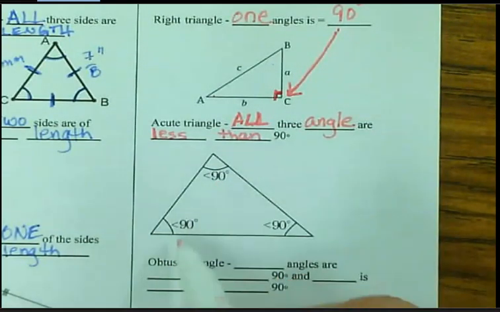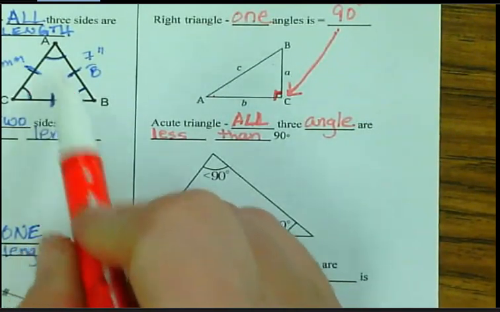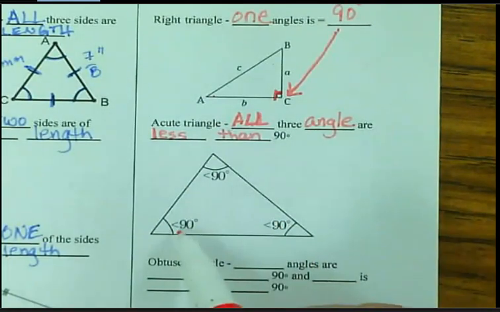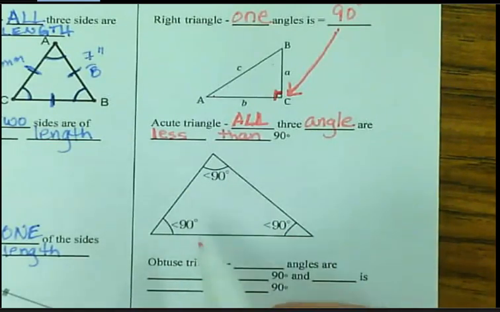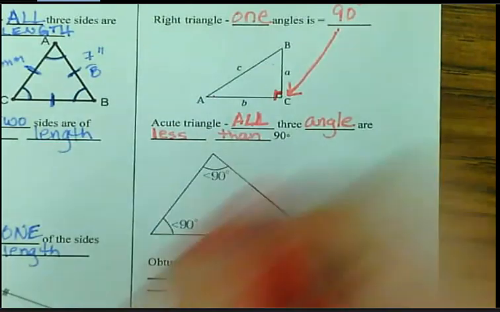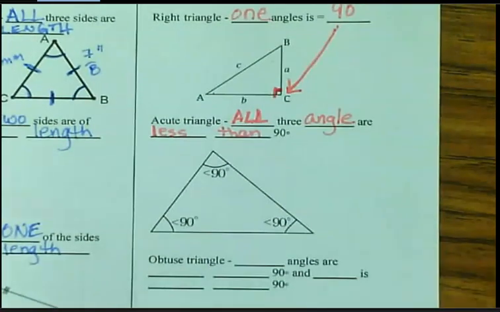Okay, less than 90, less than 90, less than 90. Remember up the equilateral, I said it was 60, 60, 60. This is not necessarily an equilateral acute triangle, and you can have things be in both, okay? But it's less than 90, less than 90, less than 90.